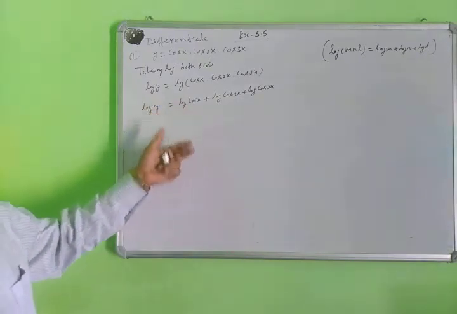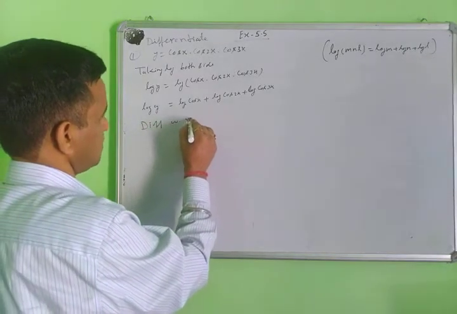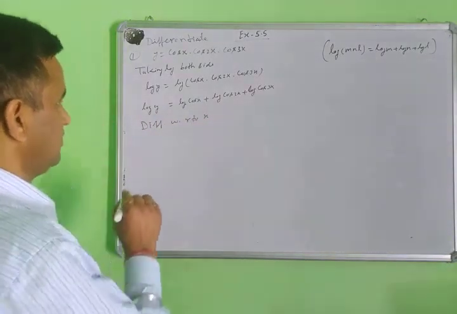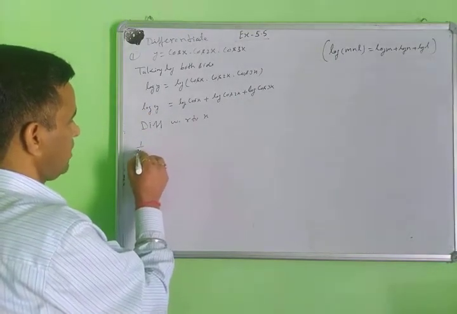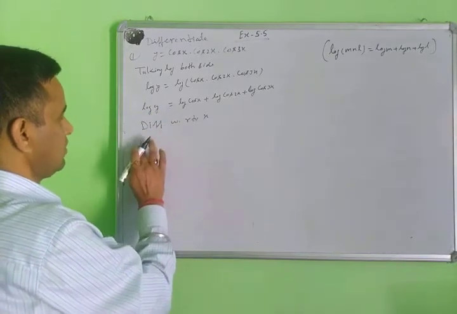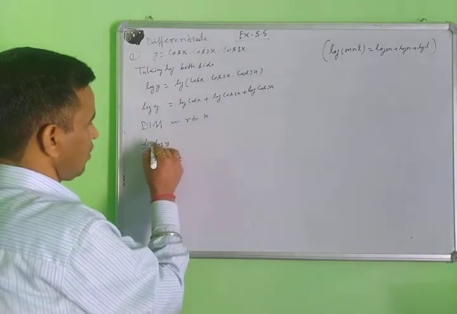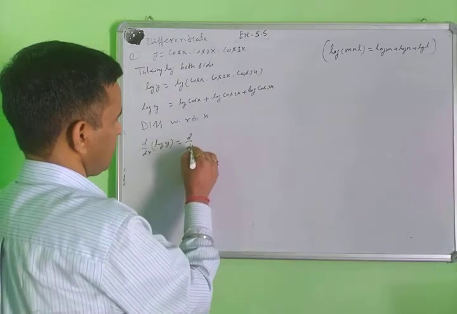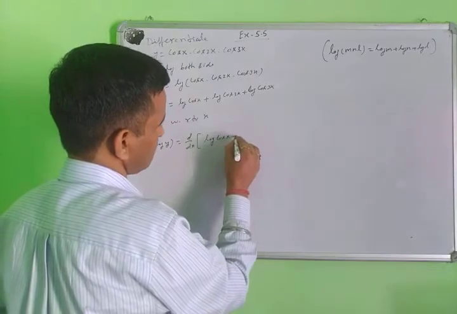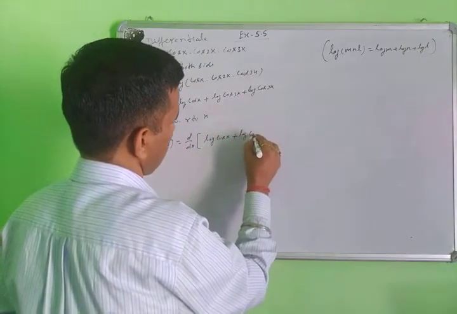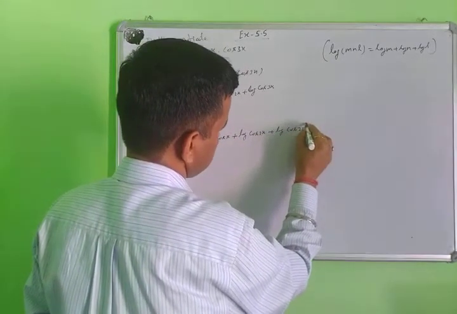After that, differentiate with respect to x. On the left, we write d over dx of log y, equals d over dx of log cos x plus log cos 2x plus log cos 3x.